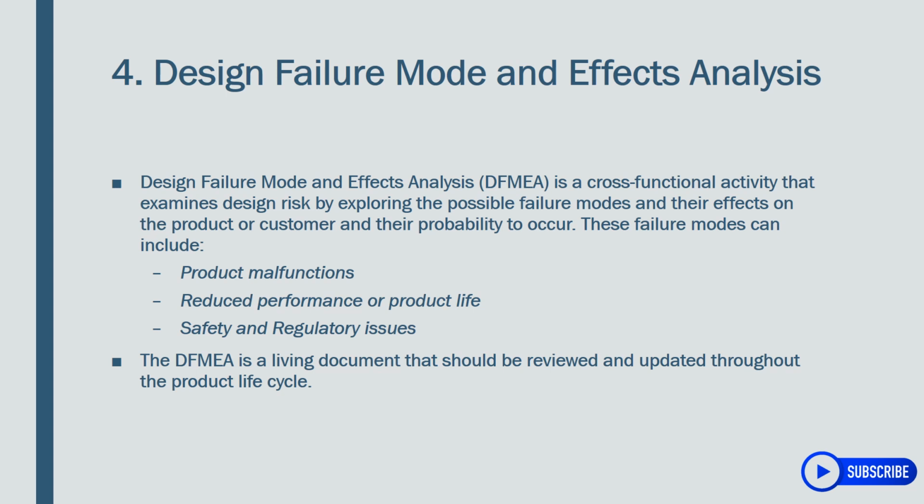These failures can include product malfunctions, reduced performance or product life, safety and regulatory issues. The DFMEA is a living document that should be reviewed and updated throughout the product life cycle. On my channel, I also posted FMEA videos for your reference. For more details, you can review that video. I have given a link in the description.